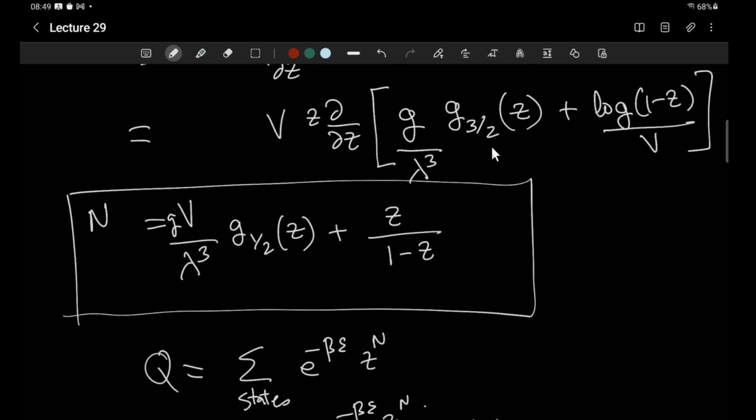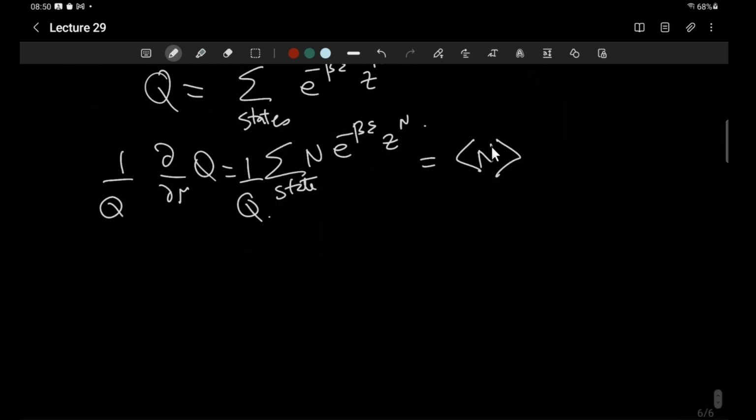It's not mu, so there's a KBT factor coming, which you have to get rid of. If you're doing it in terms of the free energy, the grand potential or whatever, there's a KBT, but I just work directly with log Q rather. So I think what I have is correct.